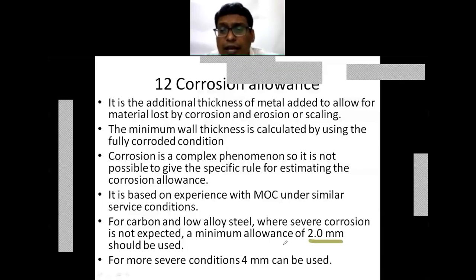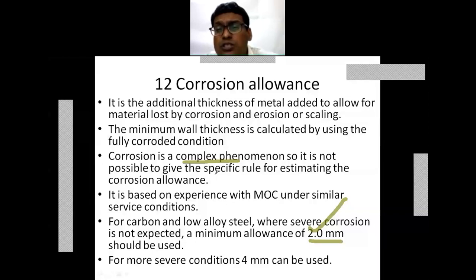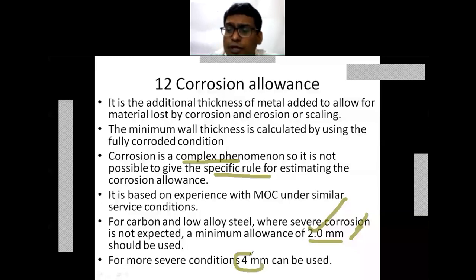So we are adding the 2 millimeter thickness in the calculation of the total thickness. Because it is a complex phenomenon, there is no definite rule which is followed for that, and generally this 2 millimeter thickness is added. And sometimes if the conditions are severe, then a 4 millimeter thickness can also be added.